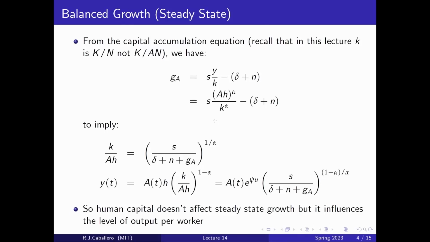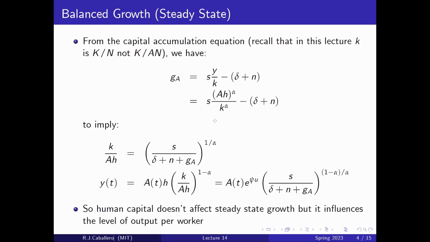So this implies that I can solve out in a steady state for the level of capital per effective worker. I can solve from this equation, and it's equal to this expression here. Notice a few interesting things here. This is capital per effective worker. Each of them is divided by N, so I can also look at big K over A times big H.